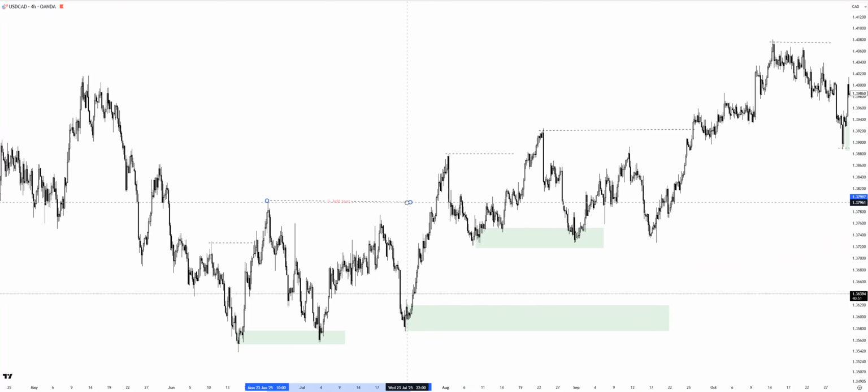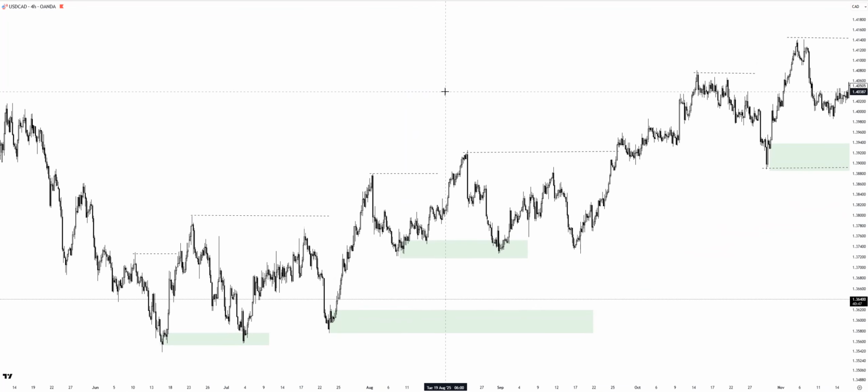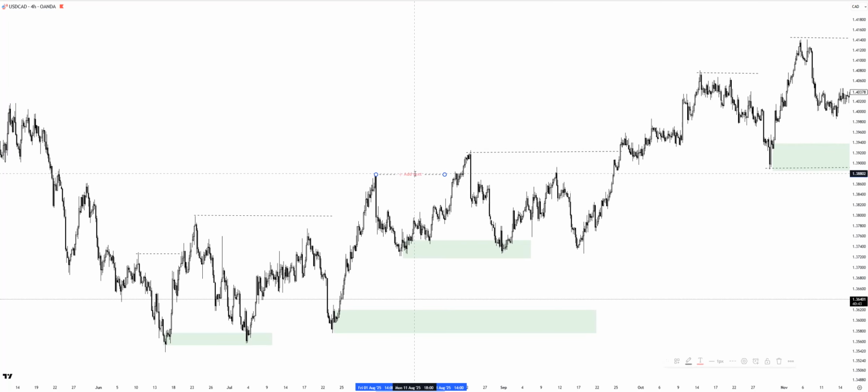Now we will learn more and more about how to use the internal and external structures. But first of all, this concept: if you want H4 swing high and low, you go to daily time frame and count the daily time frame internal structure.